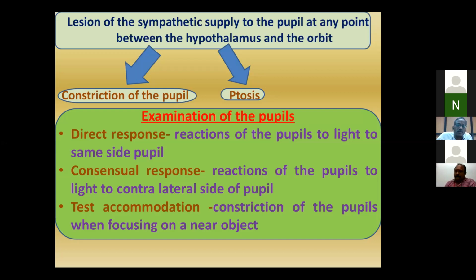Accommodation is when we want to see near, we try to see near, and when we want to focus outside also, the patient must be able to see. If accommodation is defective, when we try to focus on near, sometimes the patient cannot see, or when focusing outside, the patient cannot see. So we want to see these three things mainly.